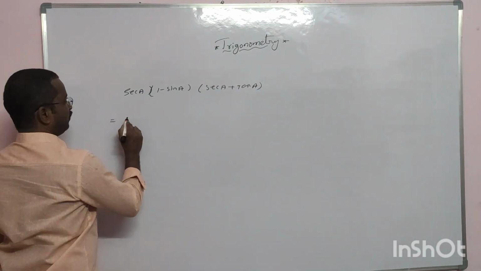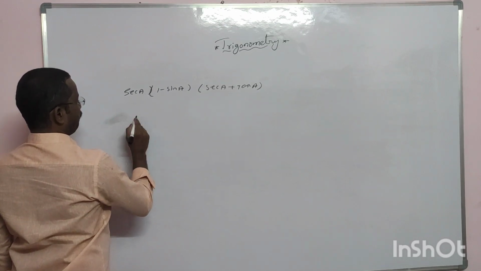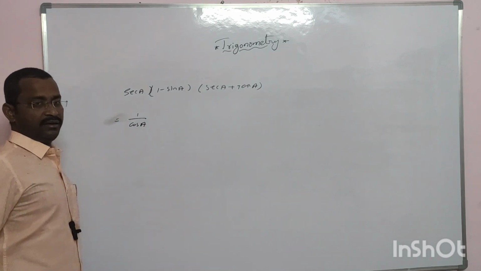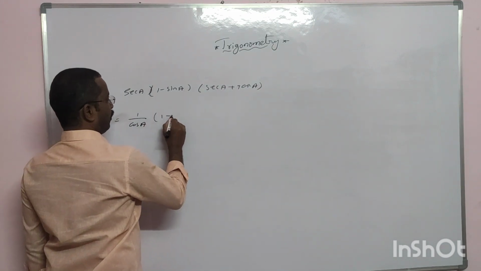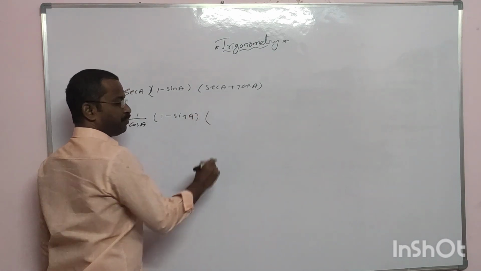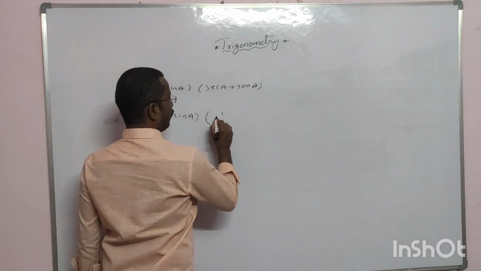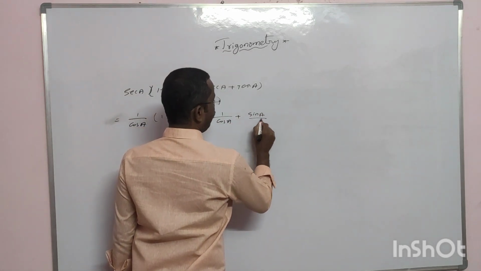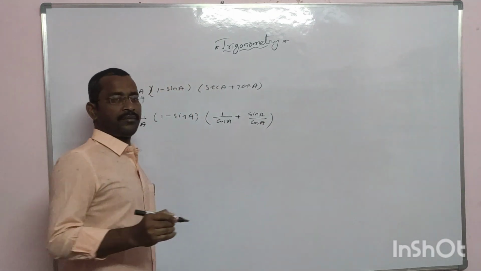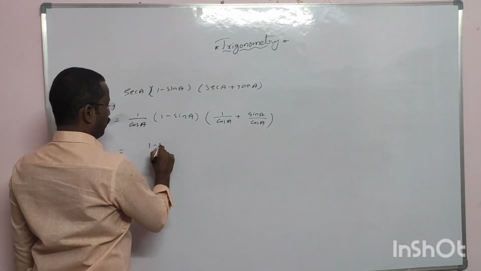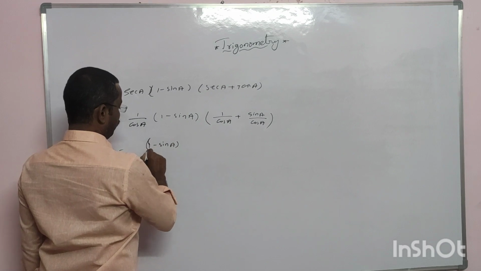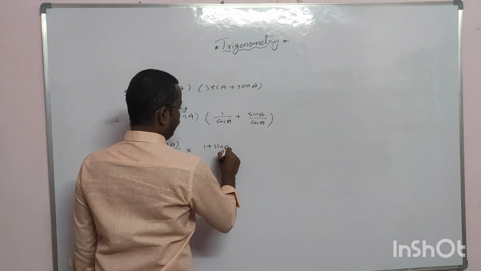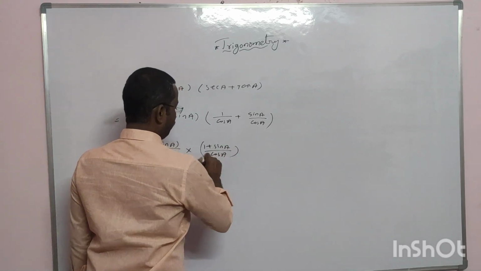And see, take the LHS part. So sec A can be written as what? 1 by cos A. He is asking to simplify it. So 1 minus sin A is as usual. Sec A means what? 1 by cos A. Tan A, sin A by cos A. Next, 1 minus sin A by cos A into 1 plus sin A by cos A. Is it correct?